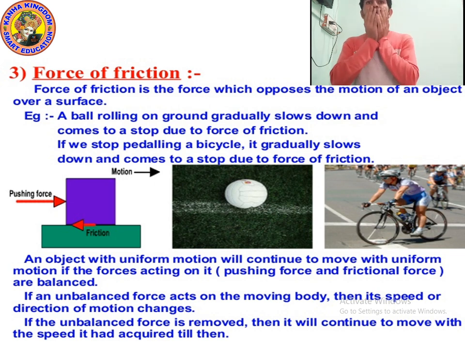I hope you understood. Friction is a force which opposes the motion of an object. Example: a ball rolling on the ground gradually slows down and comes to a stop due to the force of friction, because it applies on the backward side.